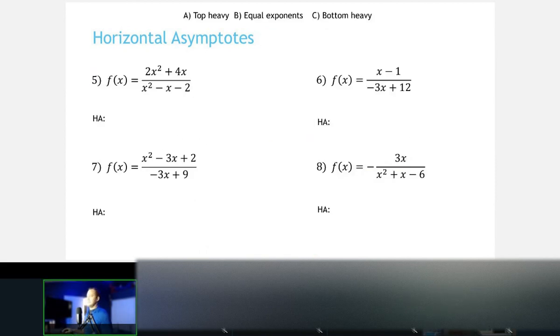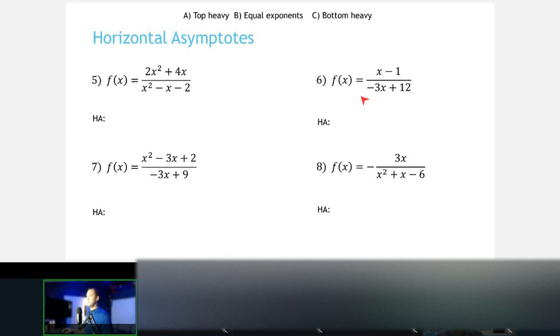All right, we have about 11 minutes. I'm going to give all of you 2 minutes for HAs, which I think is enough. So let's do a 2-minute timer for finding the HAs for all four of these problems. These are the last four of the day.